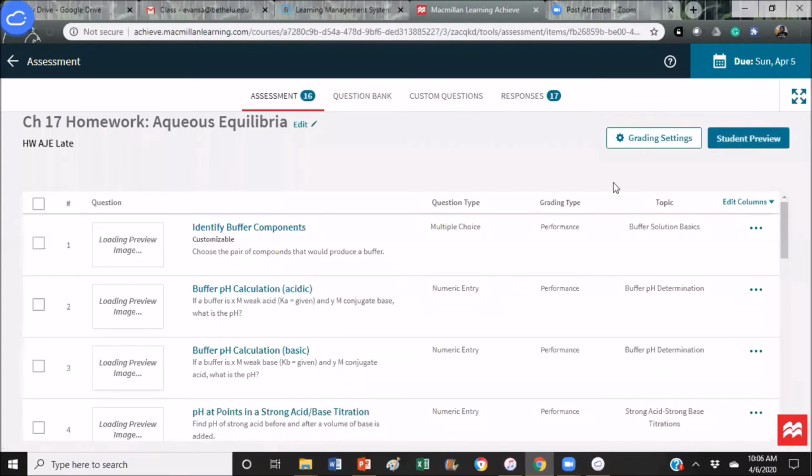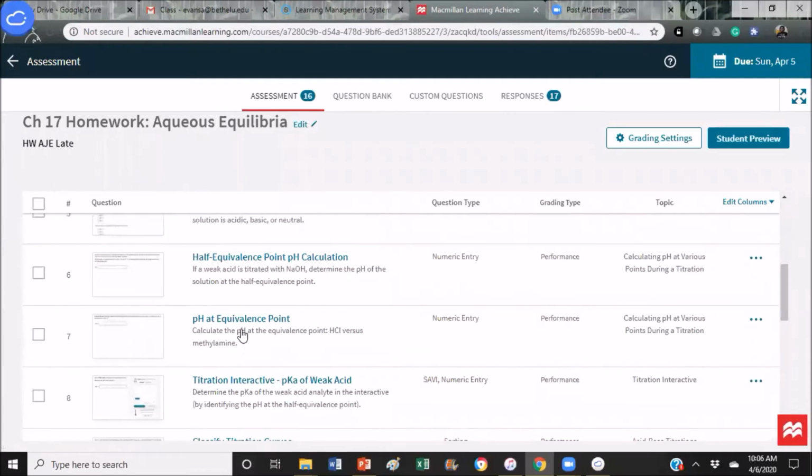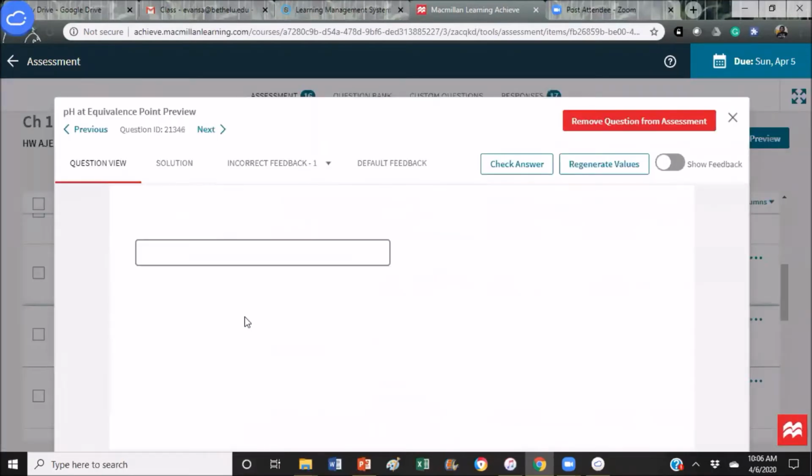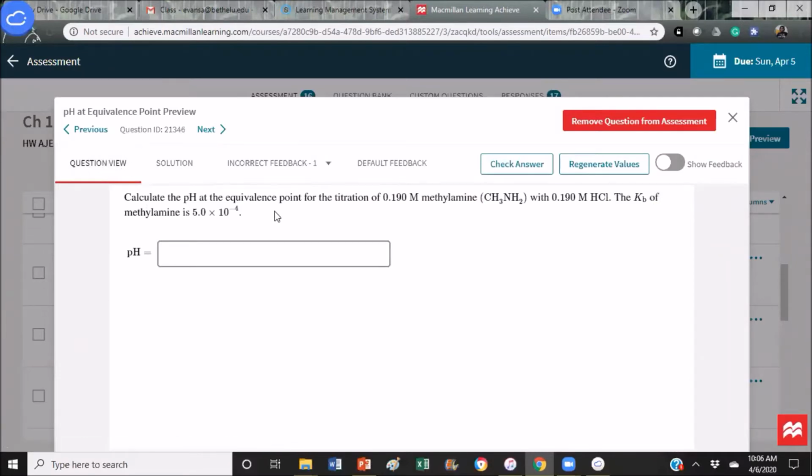Okay, numbers, pH at equivalence point. Question review. Calculate the pH at equivalence point for the titration of methylamine with hydrochloric acid. The idea here is that at equivalence point, all the weak base is neutralized to form weak acid.